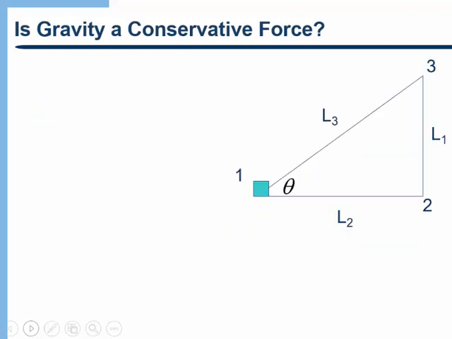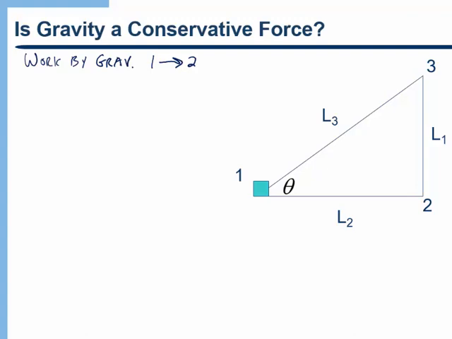So, the first thing that I want to do is figure out the work done by gravity as I go from position 1 to position 2. So let's think about what the work is.